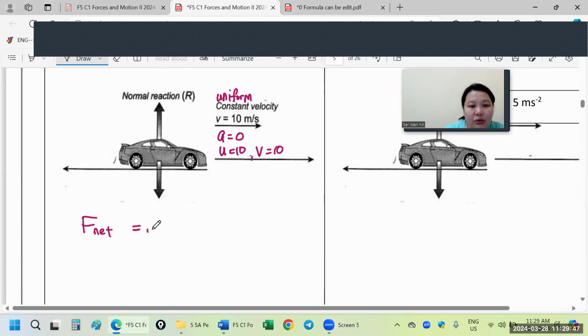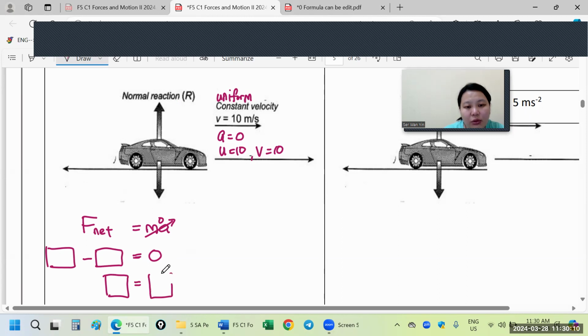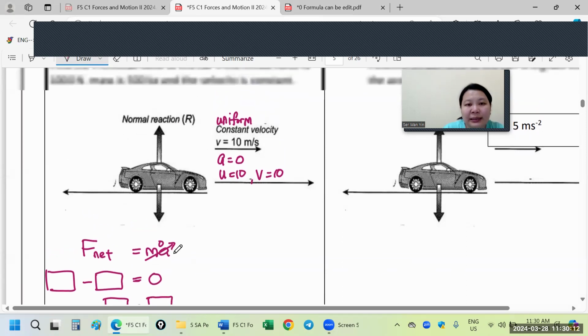Net force equals ma. a equals 0 means one force minus another force equals 0, which means one force equals another force. One force minus another equals 0, so you move one force here, equals the other force.